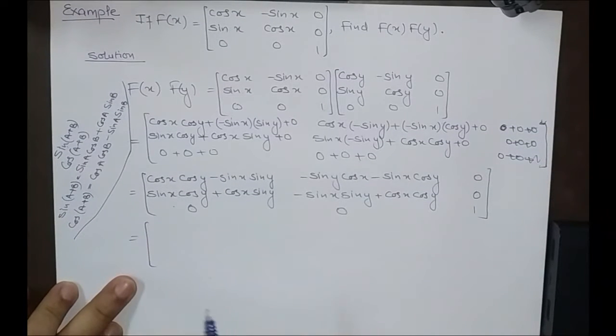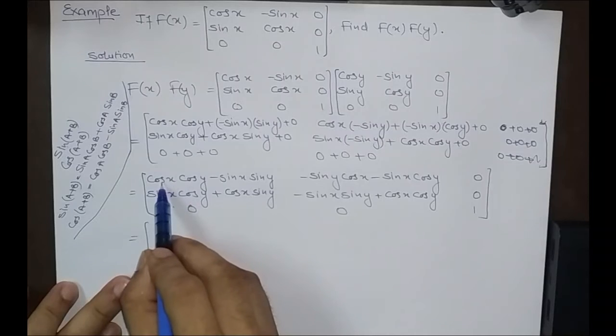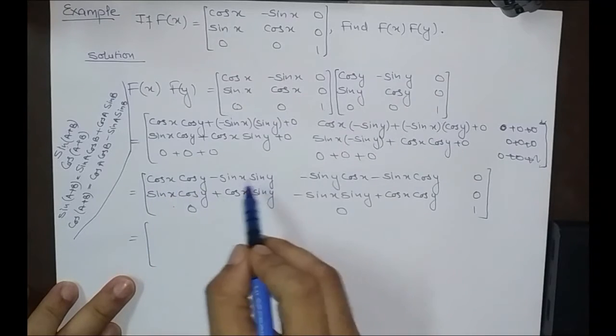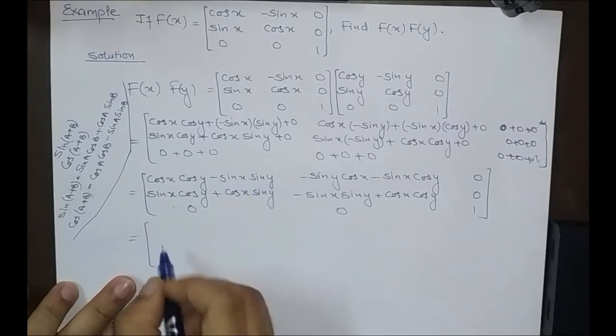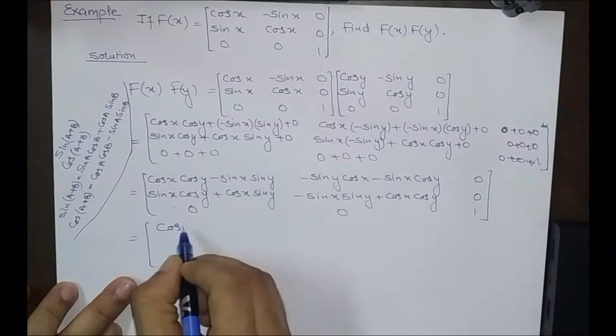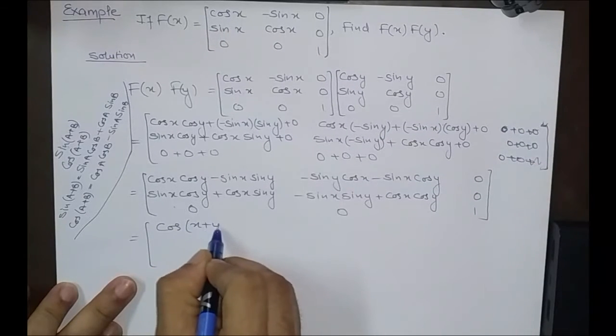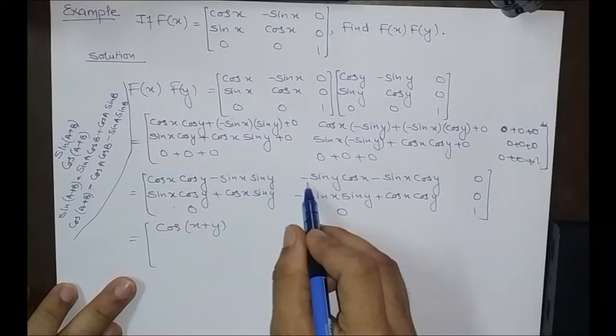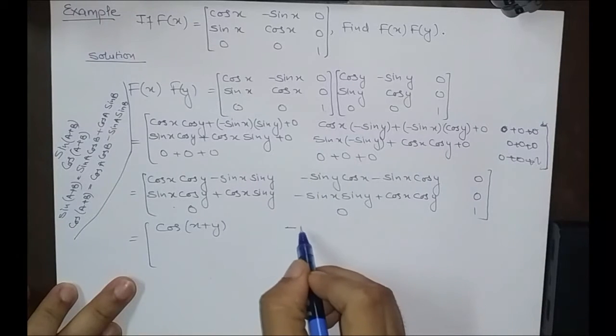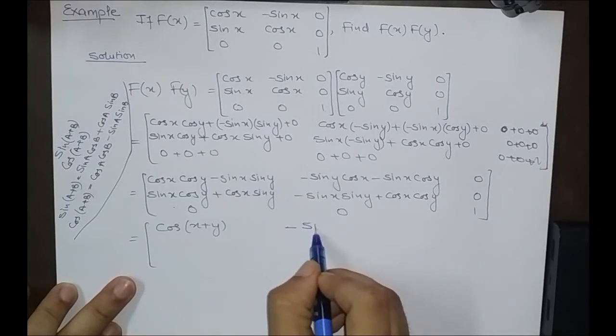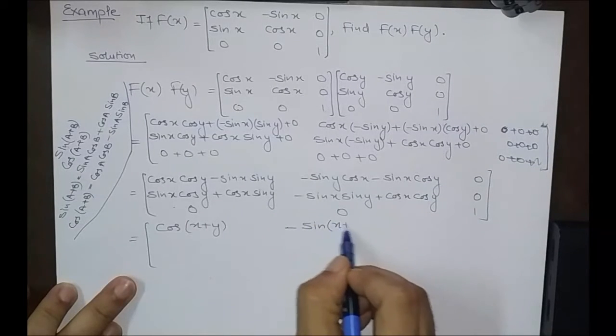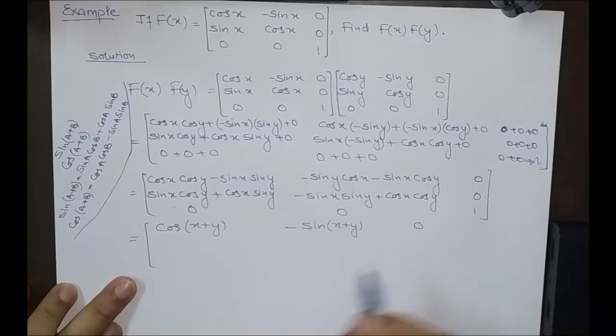So following those formulas we will get here cos x cos y minus sin x sin y. So it becomes cos(x+y), here minus as a common, then it becomes sin(x+y), 0.